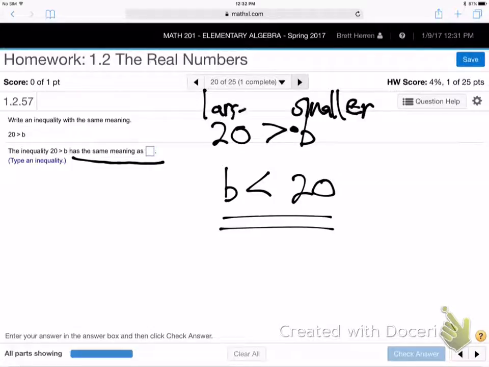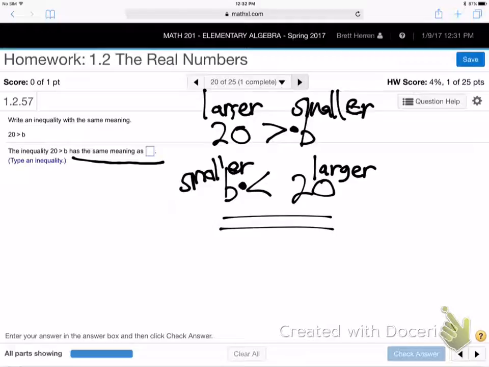Same thing here. B is on the narrow side. B is smaller. And 20 is on the larger side, on the wide side. So 20 is larger. Same truth. B is smaller than 20, said either way.